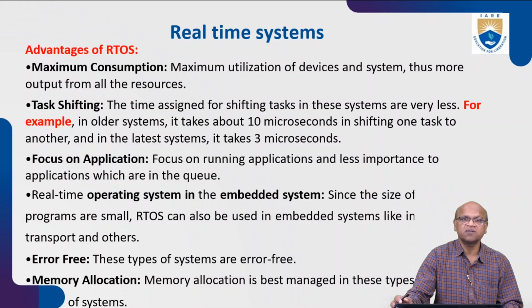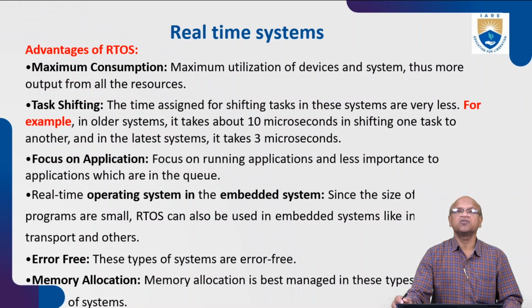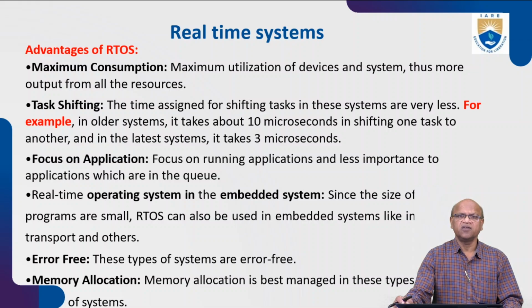The real-time operating systems in embedded systems. Since the size of the programs is small, RTOS can also be used to improve embedded systems, like in transport and others. Error-free: these types of systems are error-free. Errors are not at all permitted. If any error occurs, the complete system will go bad and get damaged. Memory allocation.